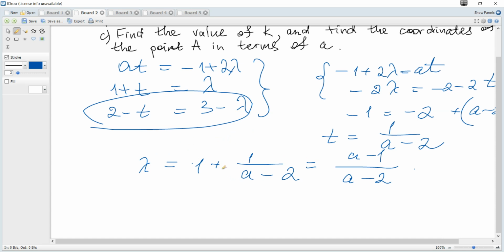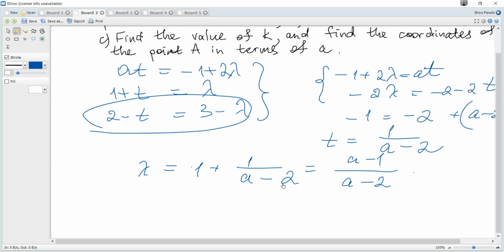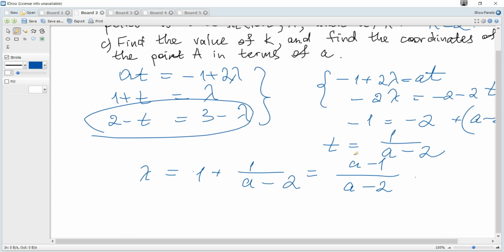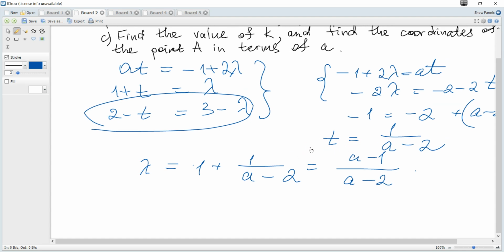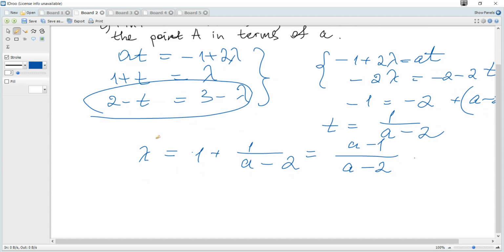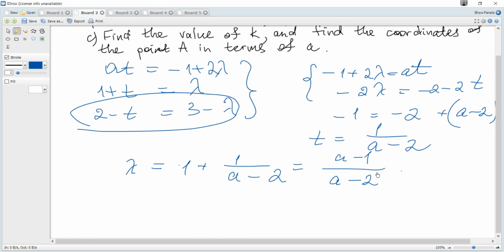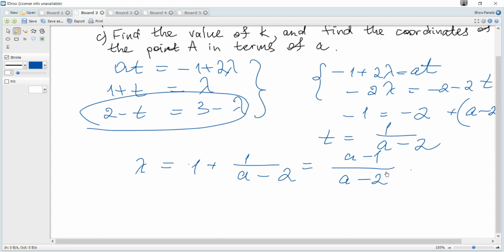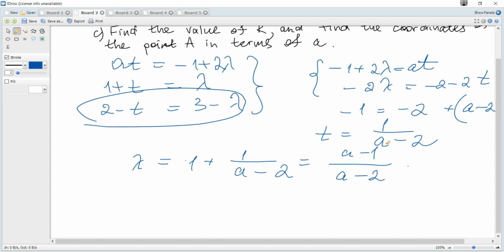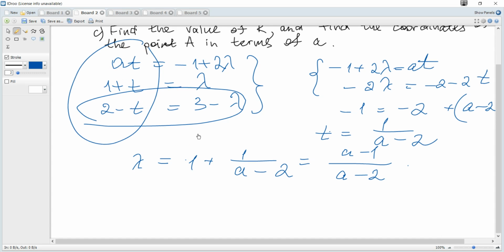So, to find coordinates of a point, we just substitute, it doesn't matter what parameter is used. Let's use t, as it's simpler, and let's use these coordinates.